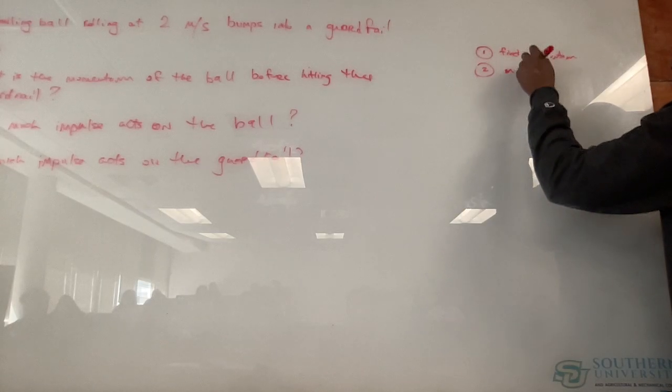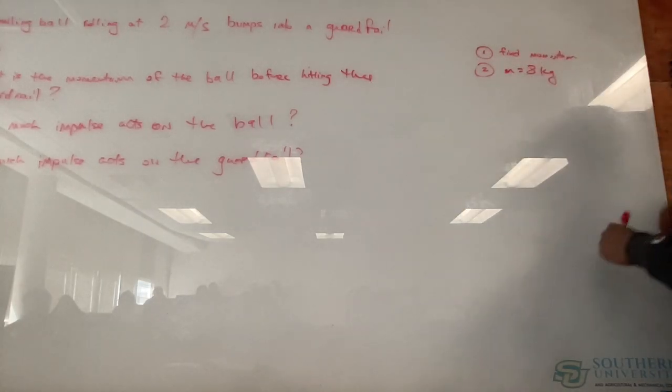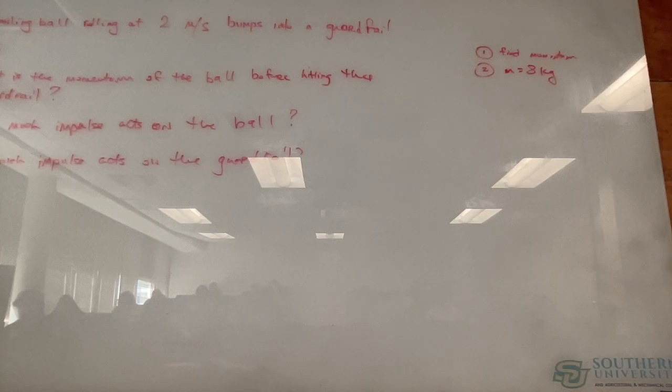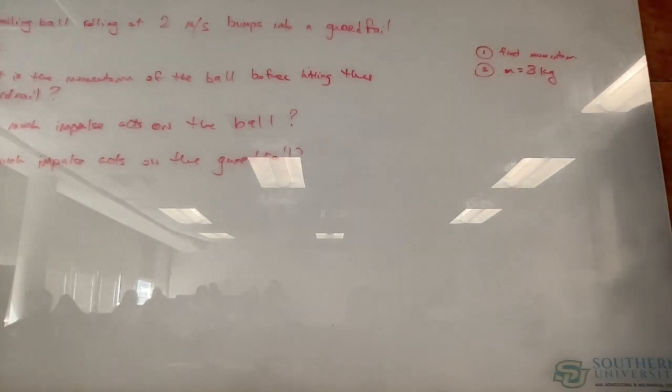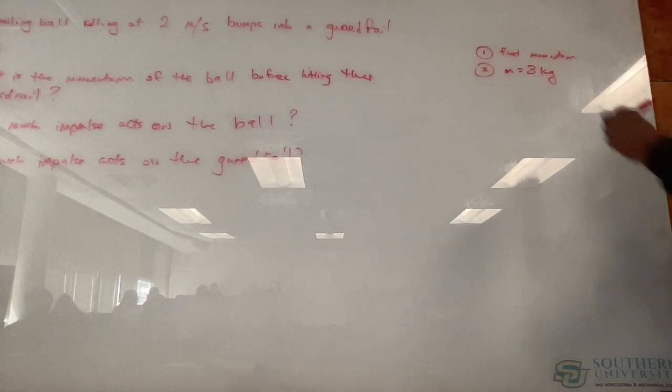Mass is 8 kilograms. What else? I can't hear you. Speak up a little bit. 2 meters per second is what? Time? 2 meters per second? That's a speed.